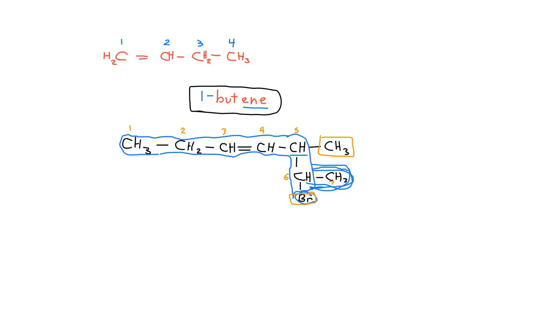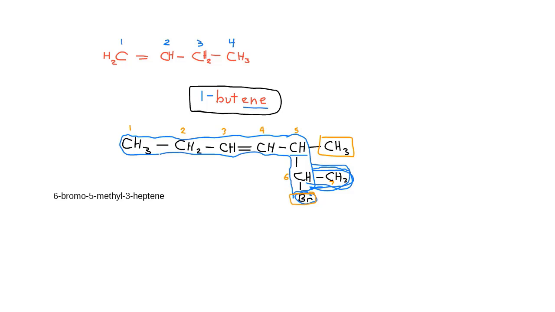And then what do we do? Now we've got our branches done. Now we have to give the root name. 7. What is 7 called? Is it heptane? No, it has an alkene double bond, so it's going to be called what? Heptene, yeah. And we have to give a number indicating where the double bond is. So this is going to be 3-heptene.